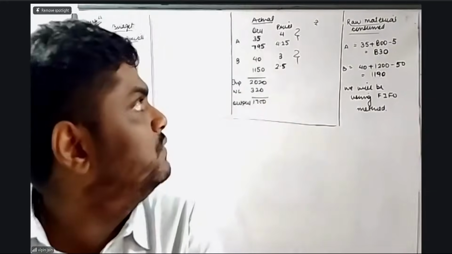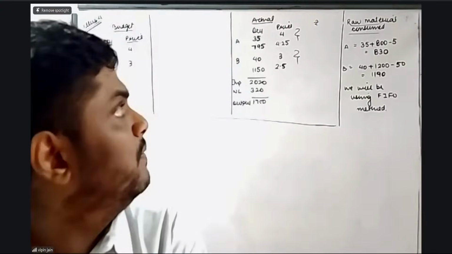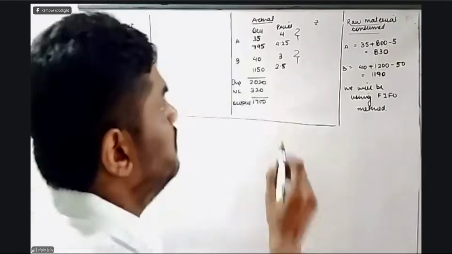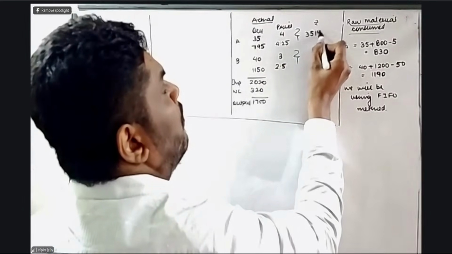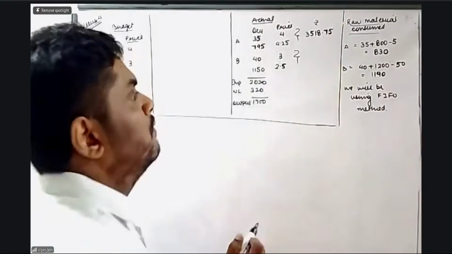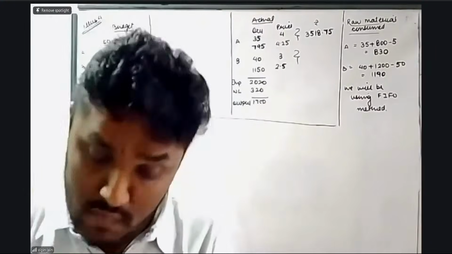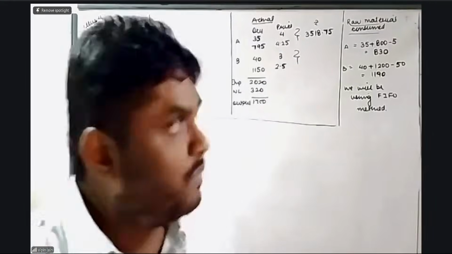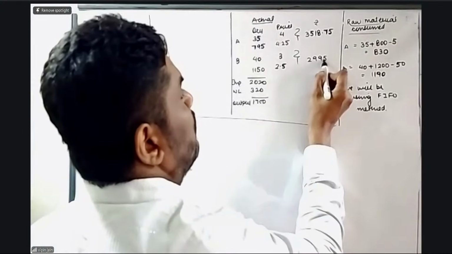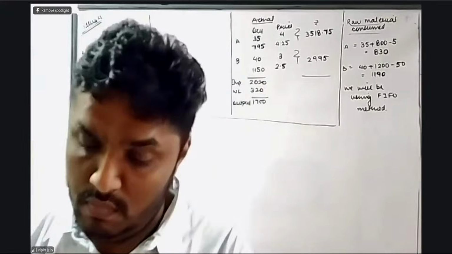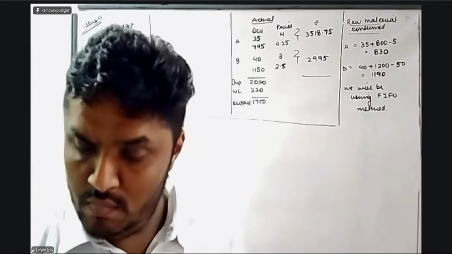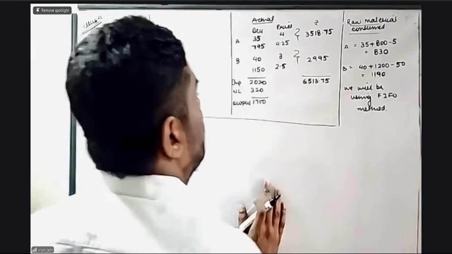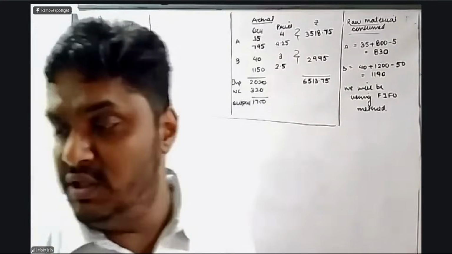Further, the total actual cost will be 35 into 4 plus... this is the actual cost and this is the budgeted data.